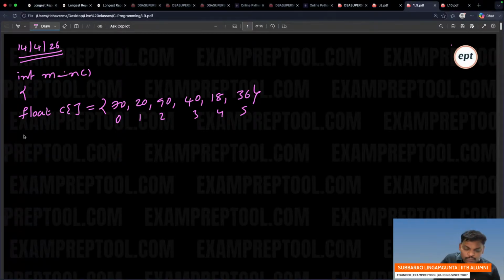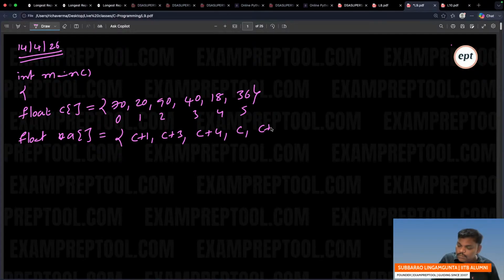Next one is float star a is equal to c plus 1, c plus 3, c plus 4, c plus 2, c plus 5.